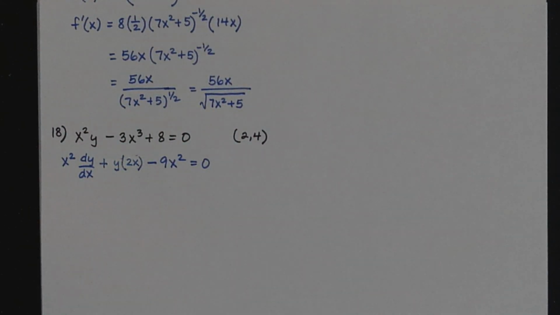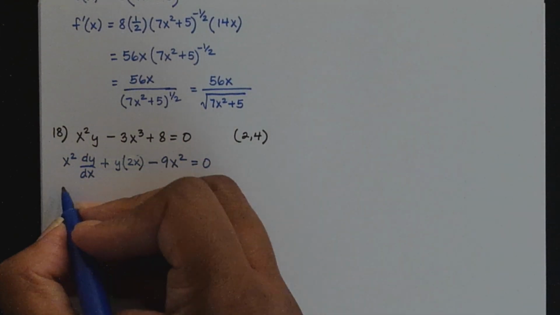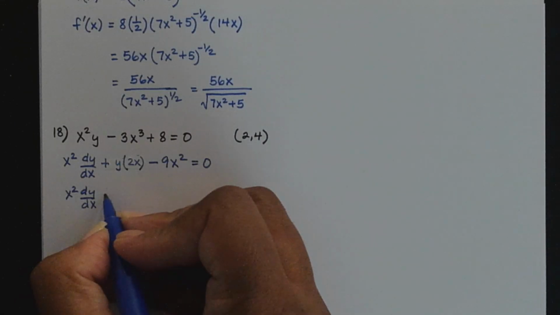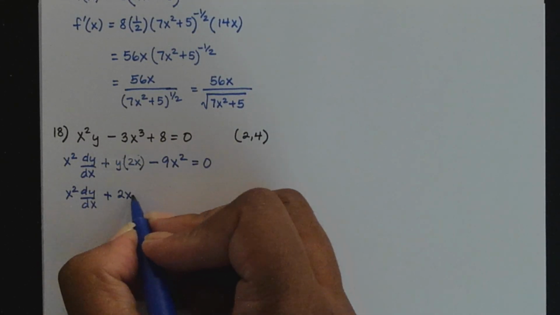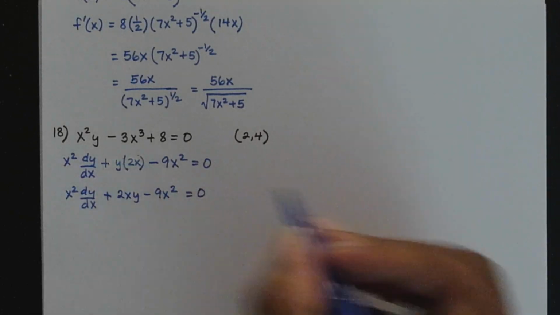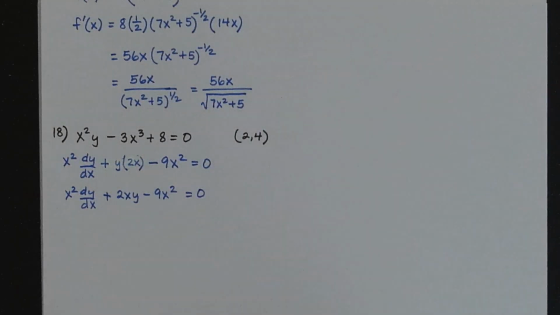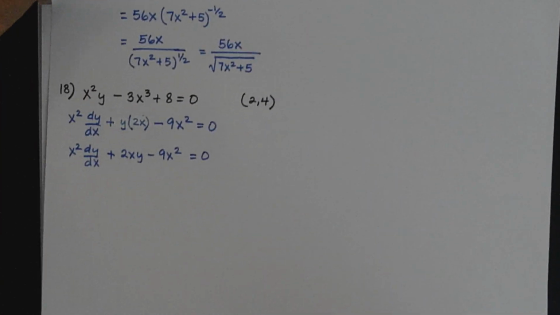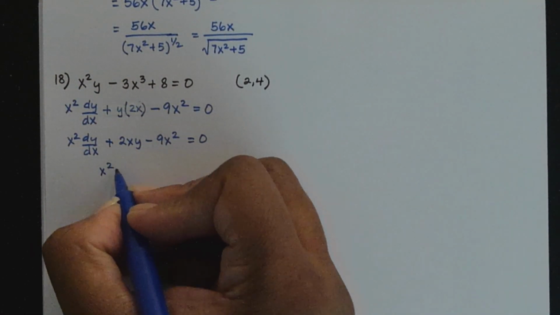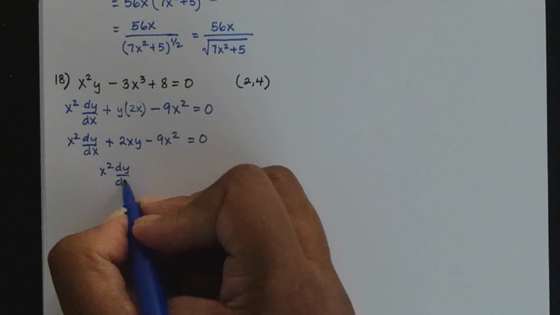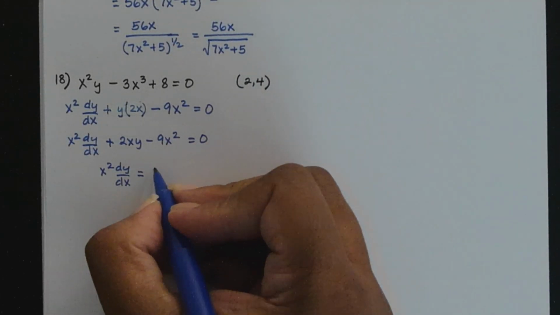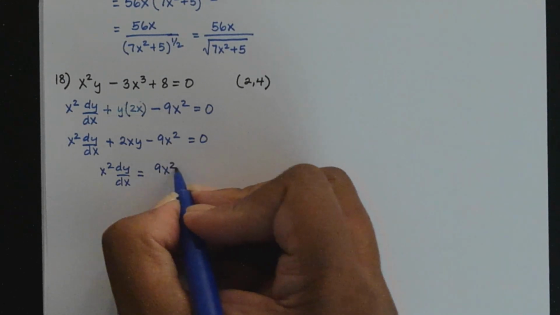That's equal to 0. Okay, let me clean this up just a little bit. Got x squared dy/dx plus, I'm going to put the 2x in front of the y, then minus 9x squared is equal to 0. Now, let's get dy/dx by itself. So I have x squared dy/dx, and if I move that minus 9x squared over to where the 0 is, that's going to be 9x squared.